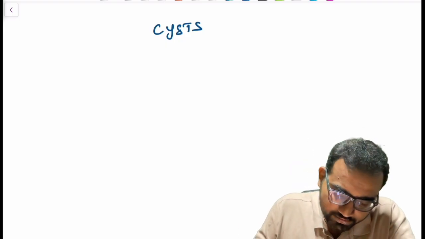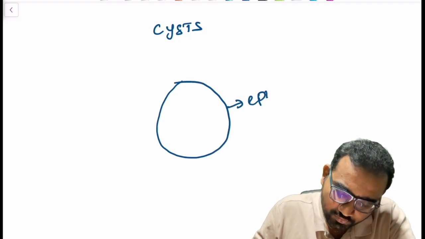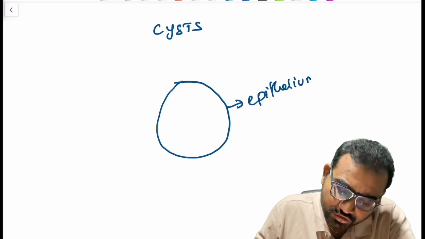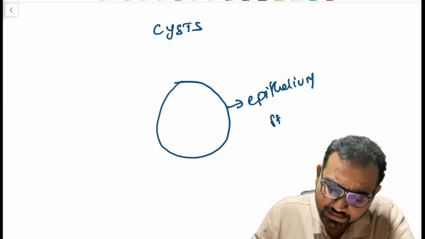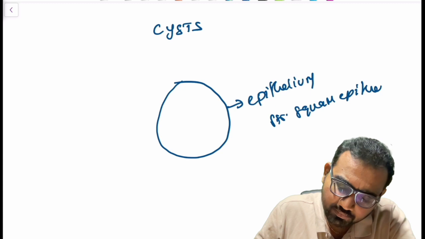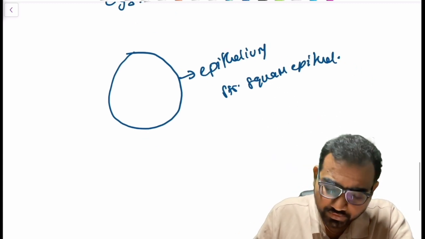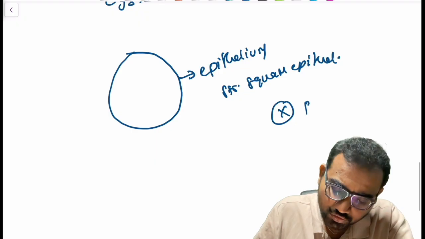See, it will have what is called as an epithelium. So every cyst should be lined by an epithelium, predominantly stratified squamous epithelium. What if a cyst does not have an epithelium? It is called as pseudocyst.